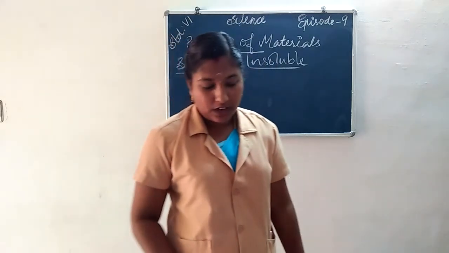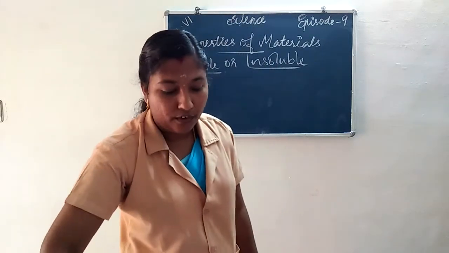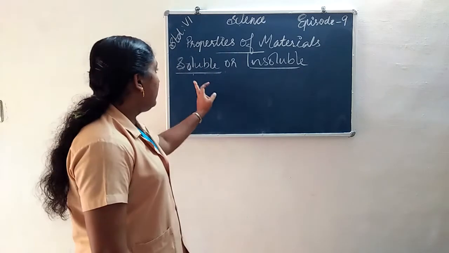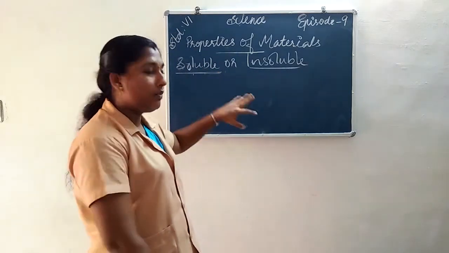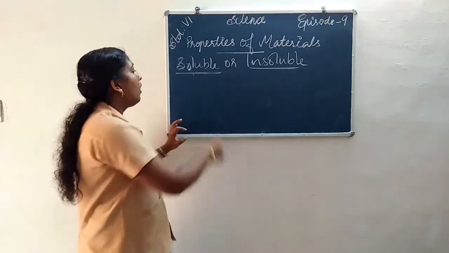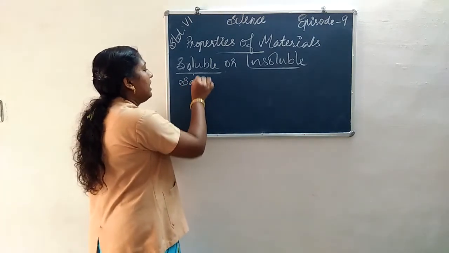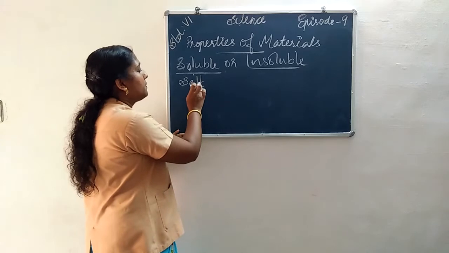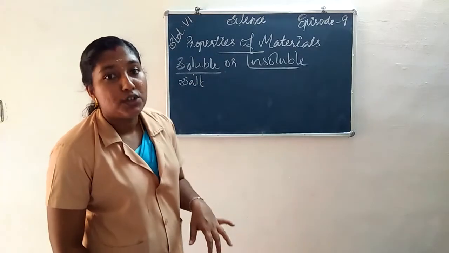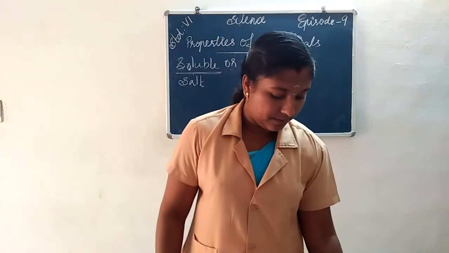So salt is a soluble substance. Salt is an example for soluble substances.